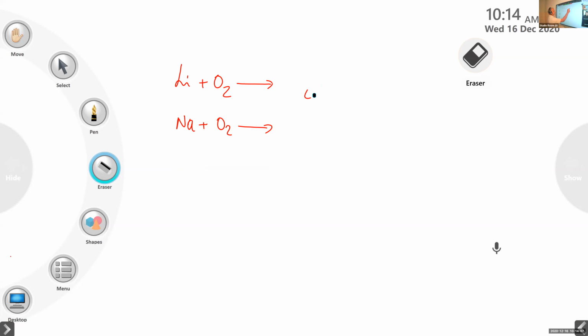It's because alkali metals are large in size, highly electropositive, and they have low ionization enthalpy, so they are highly reactive.